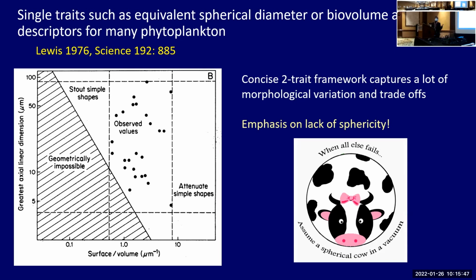We love these shorthands like equivalent spherical diameter or just using the biovolume of cells as indicator of their size differences. But these metrics are really limited in important ways. And I'm always reminded of the physicist joke, imagine a spherical cow, which usually makes us kind of laugh, like that's a totally maladaptive animal, but we don't think twice about imagining a spherical phytoplankton. It's equally as ridiculous, I would argue.